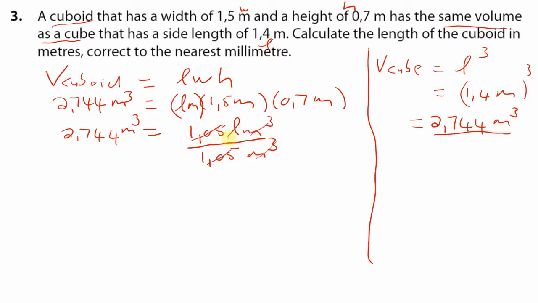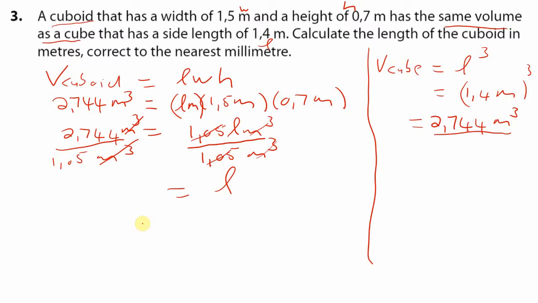Remember, letters standing and numbers standing next to each other simply means multiply by convention. So what we do to the right, we will have to do to the left. So now we will get our answer to L. So the cube meters cancel, so now we simply have to divide 2,744 by 1,05.